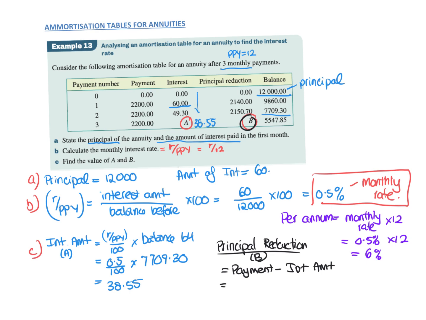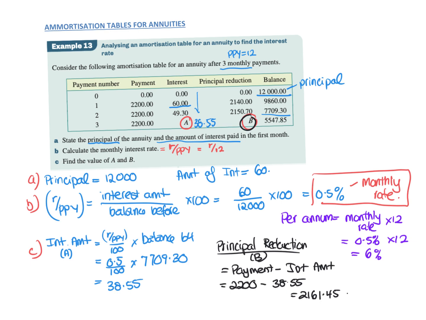So I'm going to do the payment of 2,200 minus the interest, which was 38.55. So I end up with 2161.45 is my B.